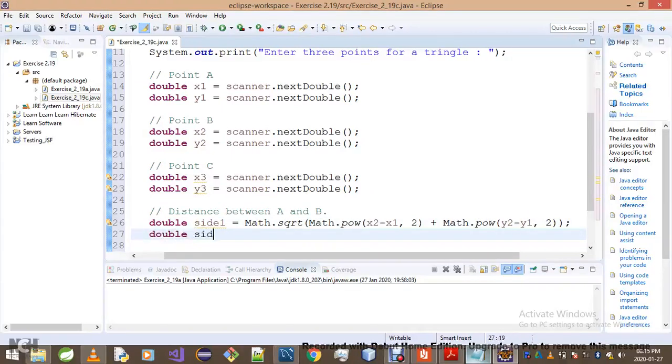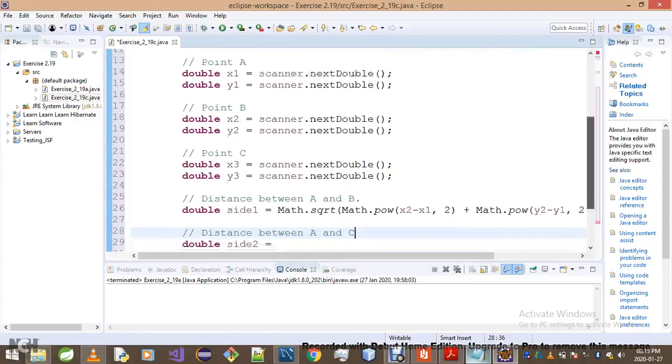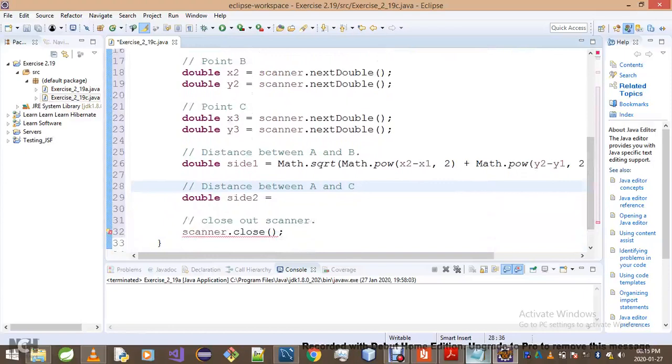Double side 2. Let me try to have a space so that I will comment this out and simply say distance between A and C. It doesn't matter though, we can make side 2 the distance between B and C, or A and C, whichever one will work.